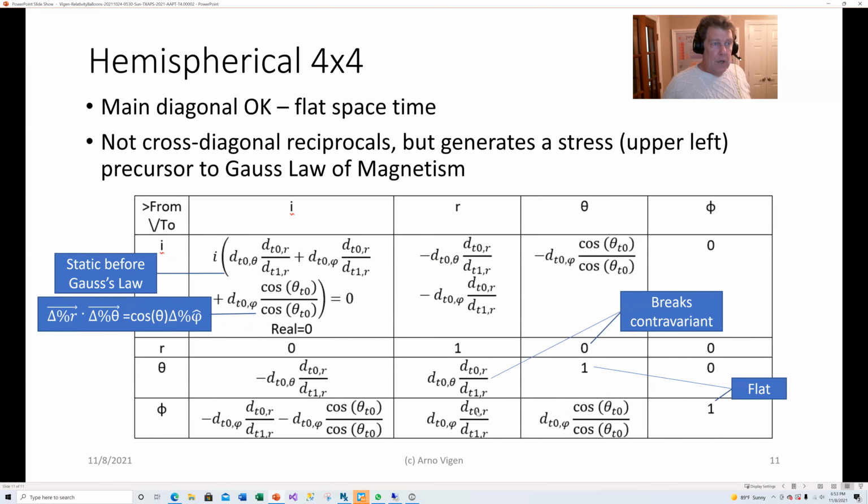Same thing happens, we get a prorate change in the phi direction, in the latitude. And then over here, when I change from longitude to latitude, you get a cosine. The cosine of the original theta versus the cosine of the resulting. Darn, that's supposed to be a 1. Sorry, my fault. All right.